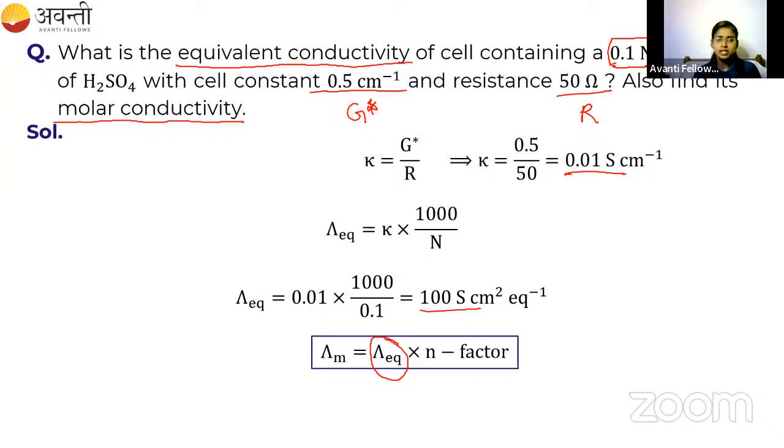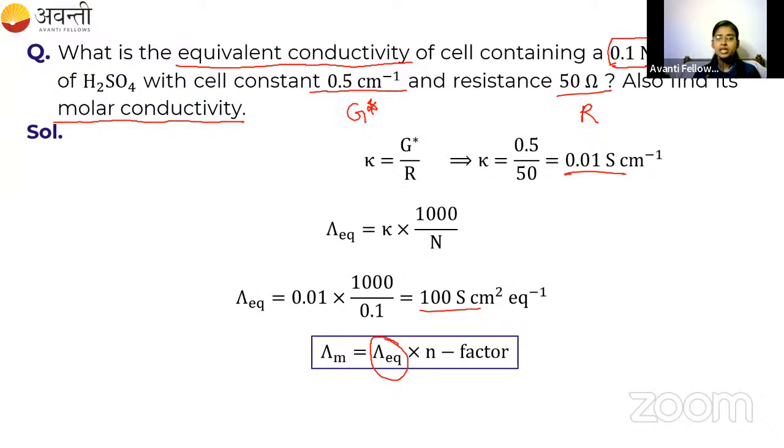N factor means the number of H plus ions present in the compound. What is the compound we have in this question? H2SO4, right? Sulfuric acid is the compound in the question.